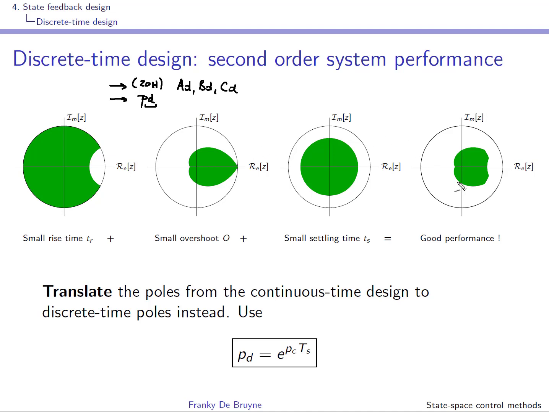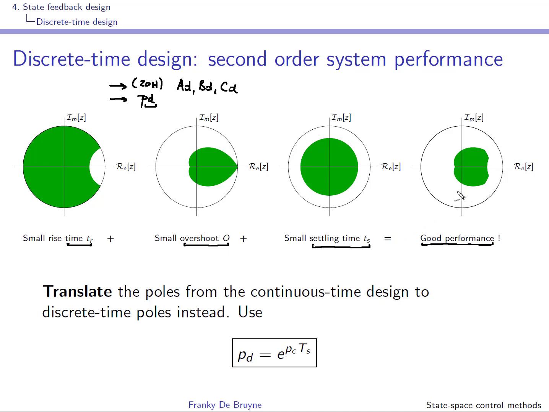We will see in the teaching unit digital control that it is also possible to obtain a region of good performance in the Z plane. This region of good performance will of course be inside the unit circle, and it will be the intersection of three zones: one that is asking for a small rise time, another one that is asking for a small overshoot, and another one that is asking for a small settling time.